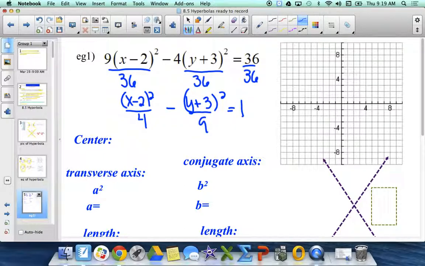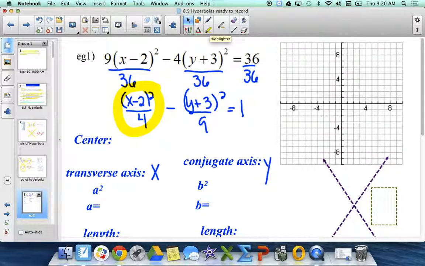I no longer care which denominator is larger or smaller. What I care about is which term is positive and which term is negative. So you see where that term is positive. So the transverse axis is the x-axis and the conjugate axis is the y-axis. The center is still h, k, so it is 2, negative 3. H always goes with x and k always goes with y.